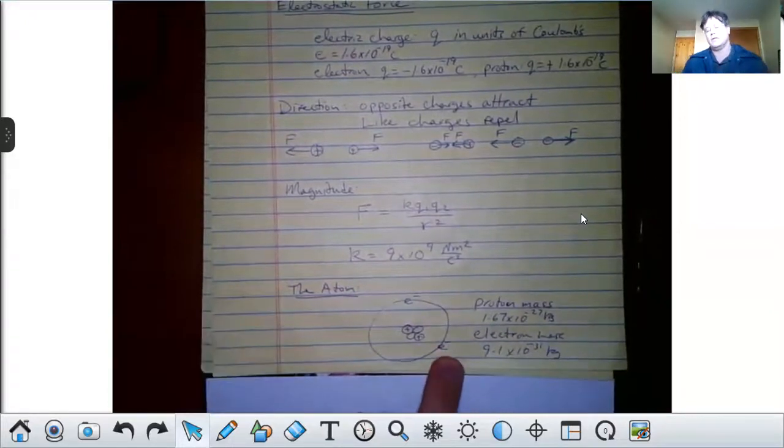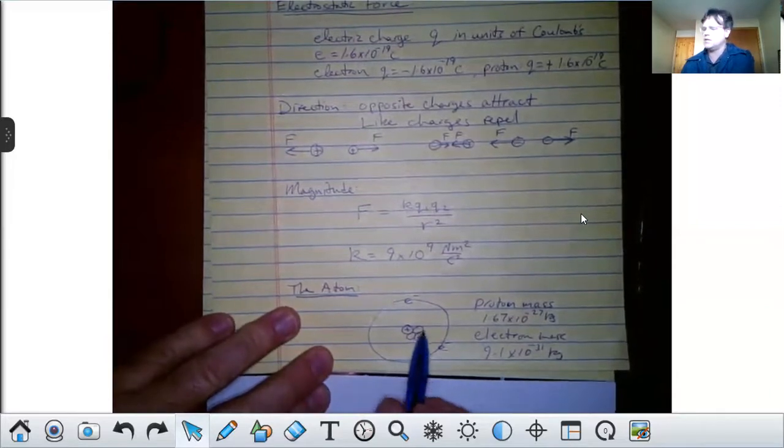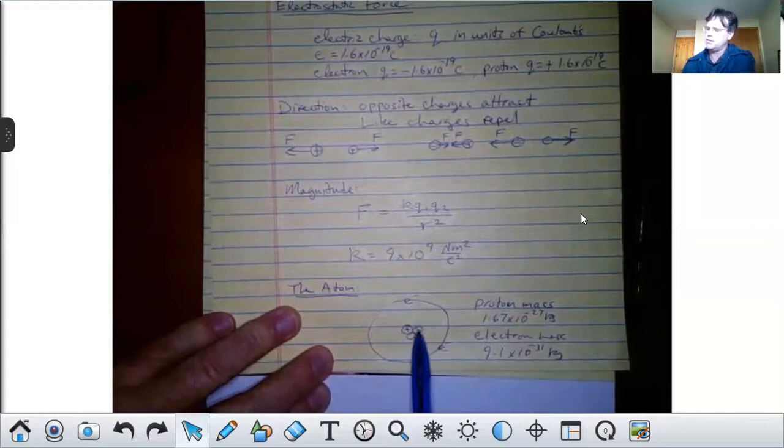So the proton mass is about 1,800 times the electron mass. Since it has so much mass, you can't move it or accelerate it as easily as you can these electrons. And that's why we usually think of the nuclei, the protons in here, being pretty much stationary, whereas the electrons are flying around, orbiting the nucleus.